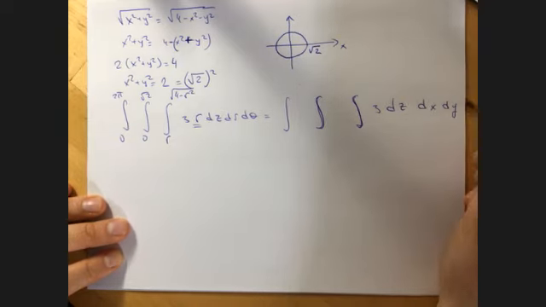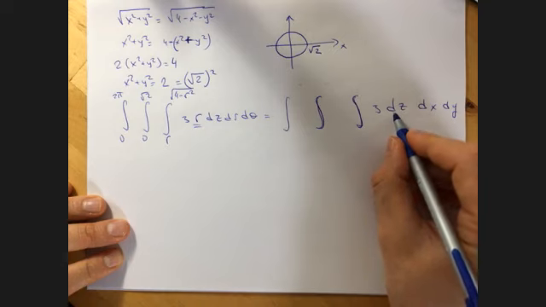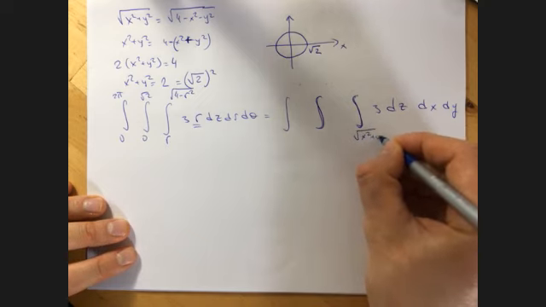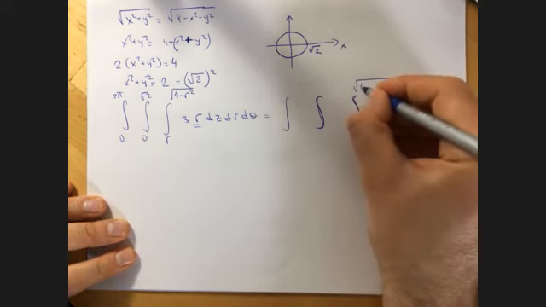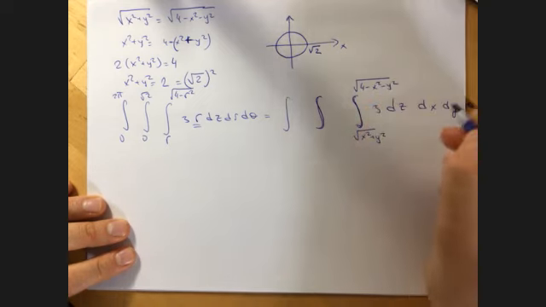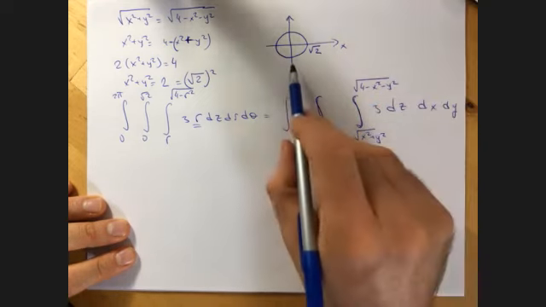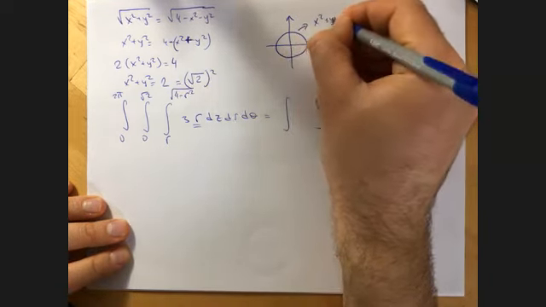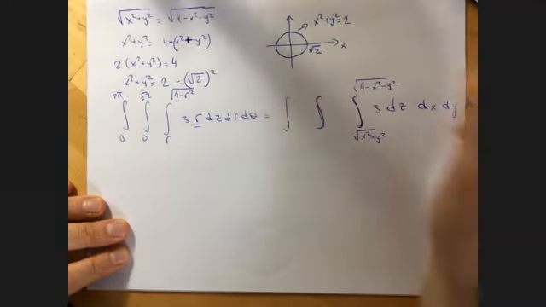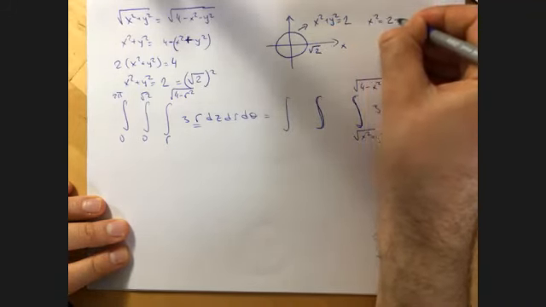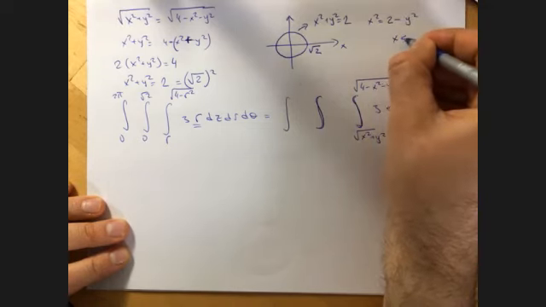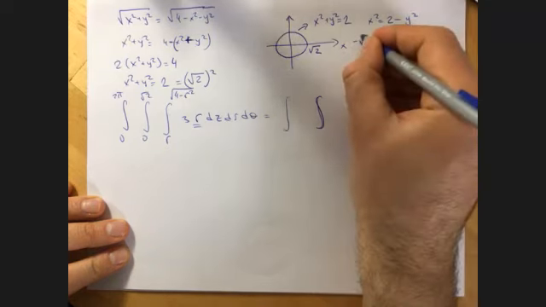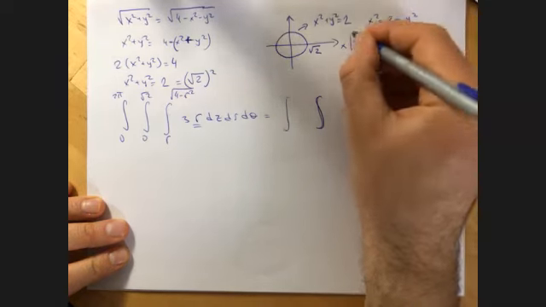Okay, so dz, as we have seen, is going from square root of x squared plus y squared, and the ceiling is the hemisphere, square root of 4 minus x squared minus y squared. Now x has to be expressed in terms of y. This here is x squared plus y squared equal to 2. So that means x squared is equal to 2 minus y squared, which means x is less than square root of 2 minus y squared, but greater than negative square root of 2 minus y squared.